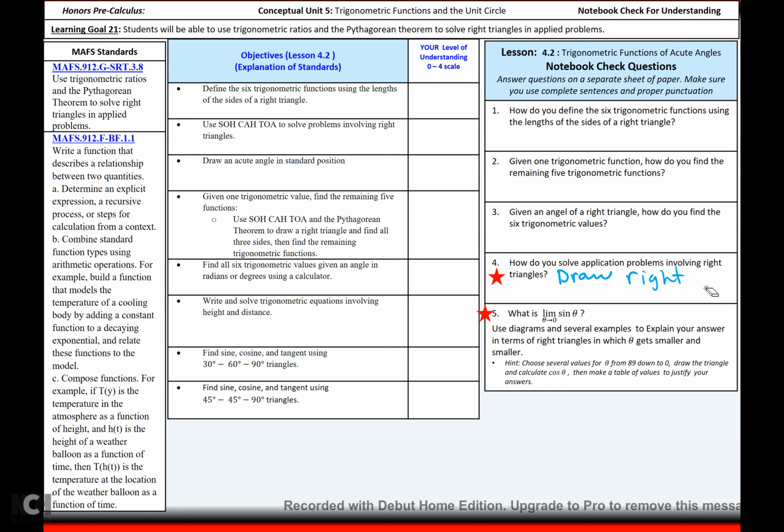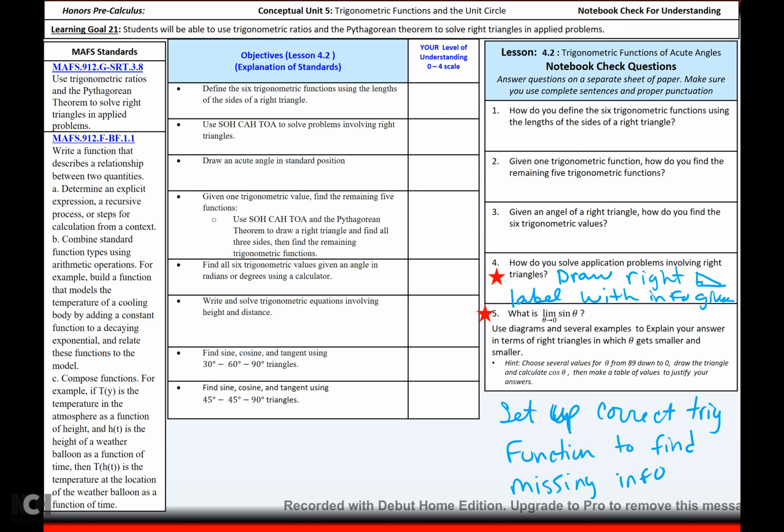Label it with the info given. And then set up the correct trig function to find the missing info.